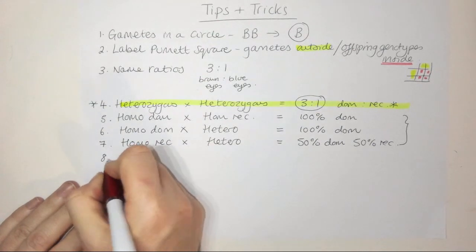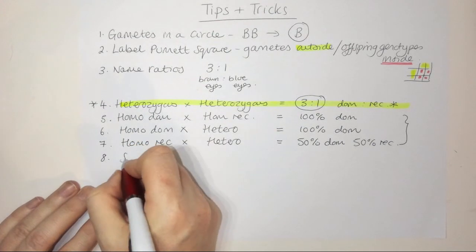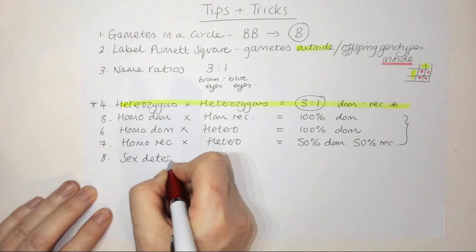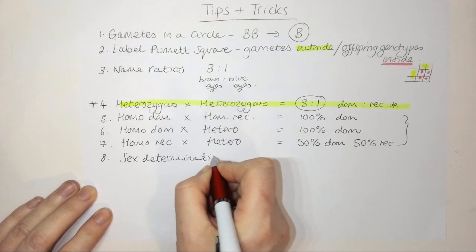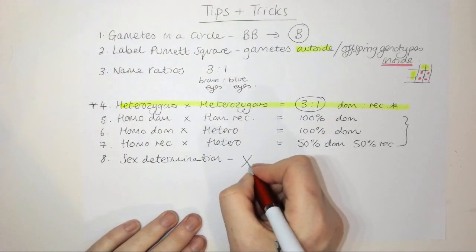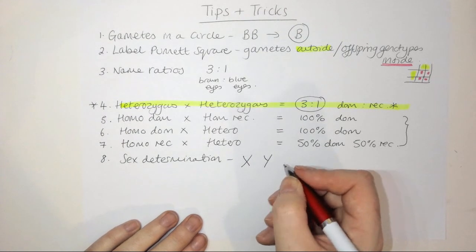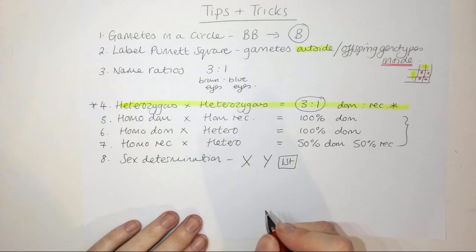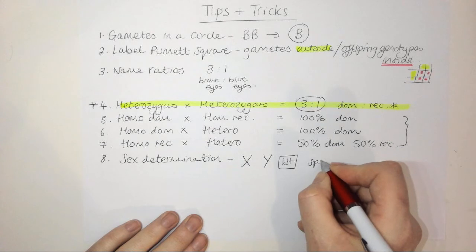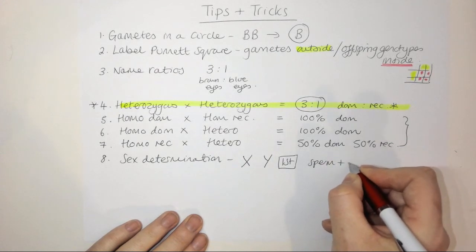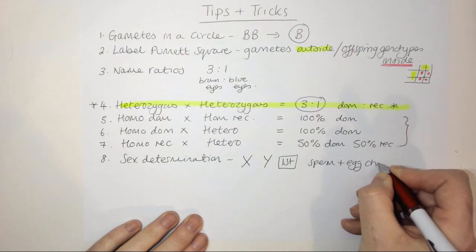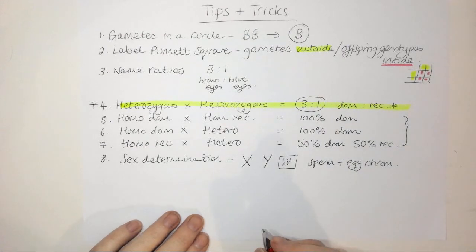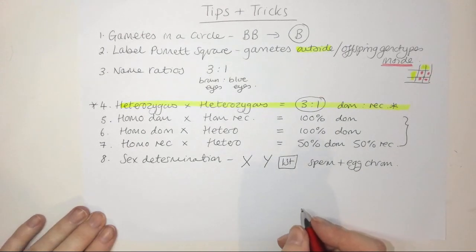Another couple of things we've talked about on sex determination. Remember, you write the X and the Y first. Write those out first, because these are the chromosomes in the sperm and the egg. And if you write them out first, you're not going to get confused when you're doing your genetic cross.